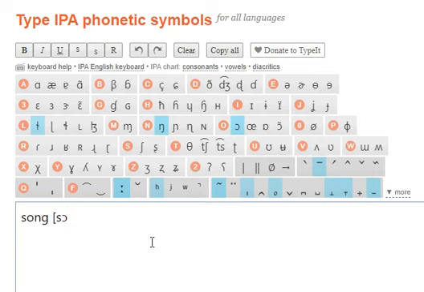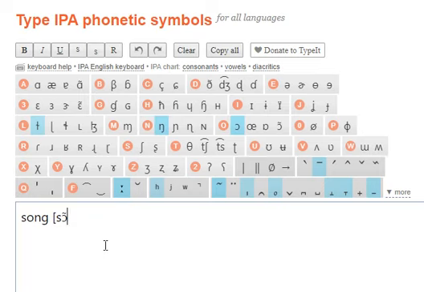And remember that when we have a vowel before a nasal sound, then that vowel is nasalized. So what is the symbol for nasalization? We have it here. This is the symbol for nasalized vowels. So I click there and I have the nasalization rule applied.